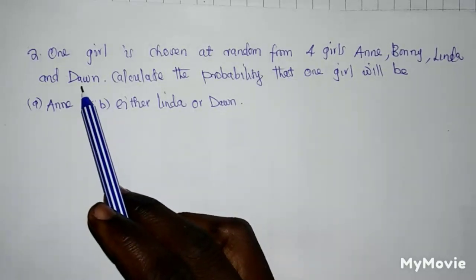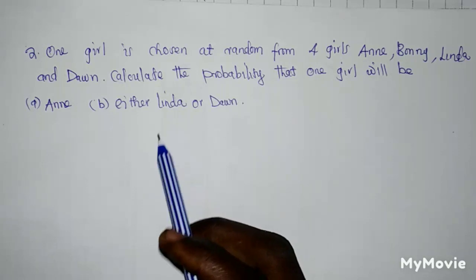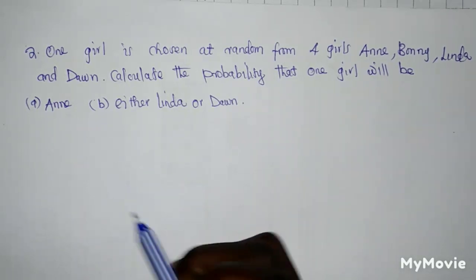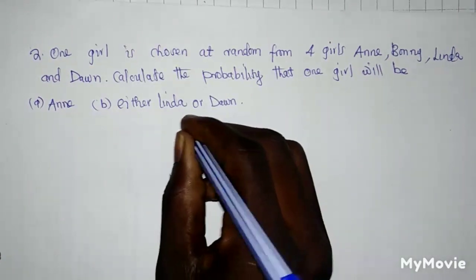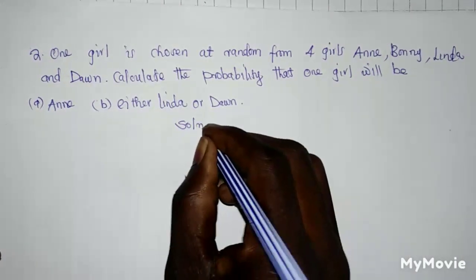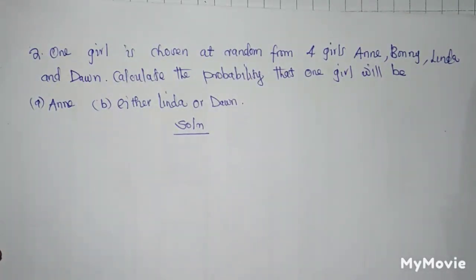Calculate the probability that one girl will be Annie, either Linda or Dawn. Okay, so possibility space, solution. First of all, we should know our possibility space, or the set of outcomes we are expecting.